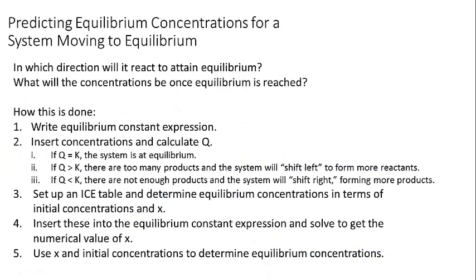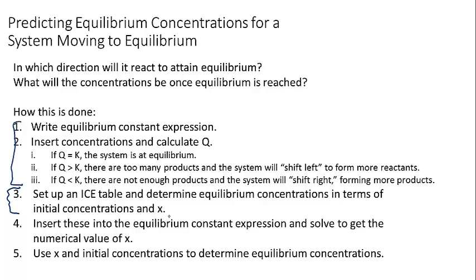Now let's go to the next step and talk about, if we know a system's not at equilibrium, we know what the reaction quotient is, we know which direction the reaction is going to go, what will those concentrations be once it reaches equilibrium? How can we know that without actually doing the experiment, just by doing a calculation? And so the process here is to do what we just did. You write the equilibrium expression, you determine Q, you see which way it's going to go. Then you set up an ICE table and you determine the equilibrium concentrations in terms of how much is going to react.